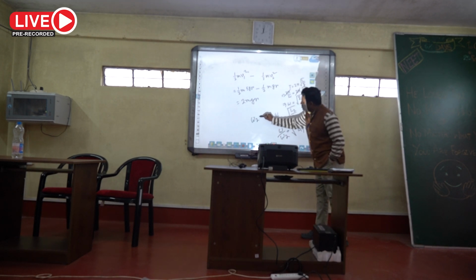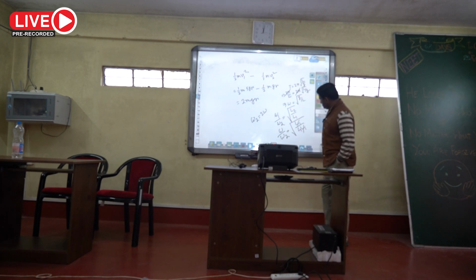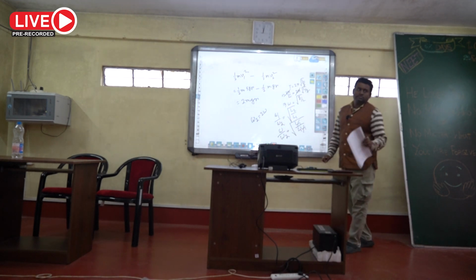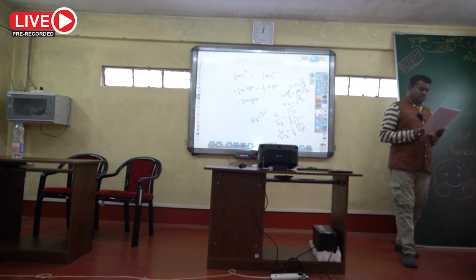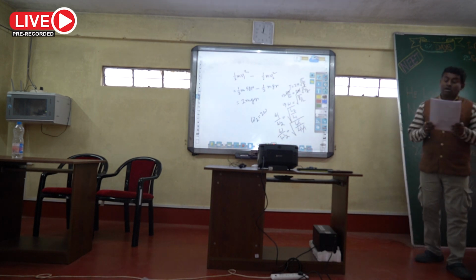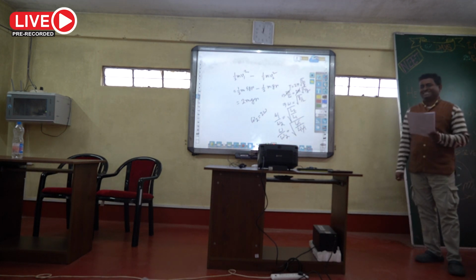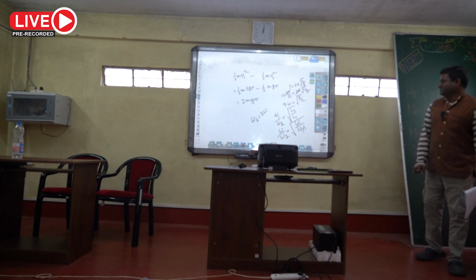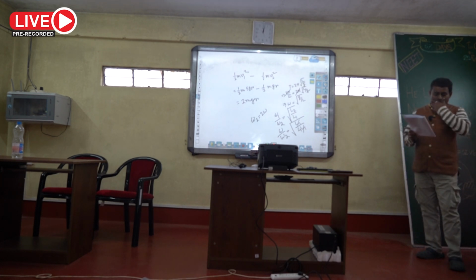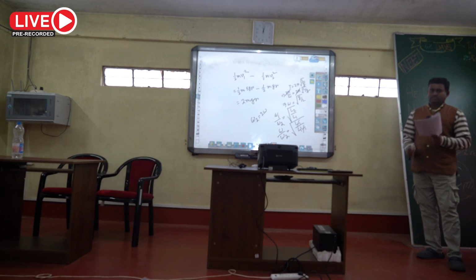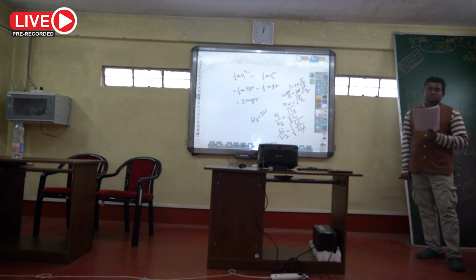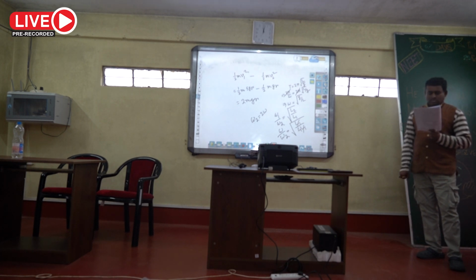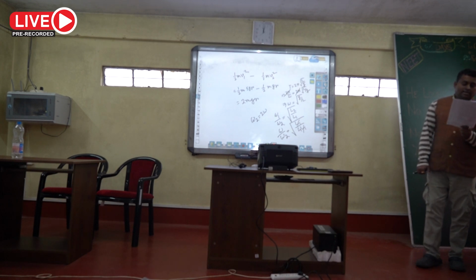So omega 2 will be 2 omega. Oh, 1/4, I considered 4 times. Then 49.